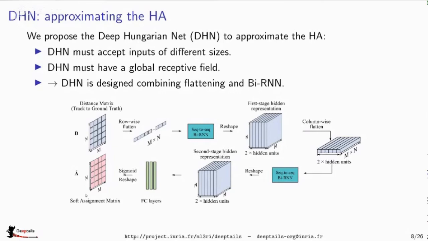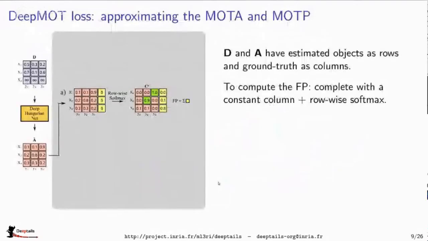In this way, we are sure that all the output pixels have seen all the input pixels, and that we can have a variable, time-varying matrix size.